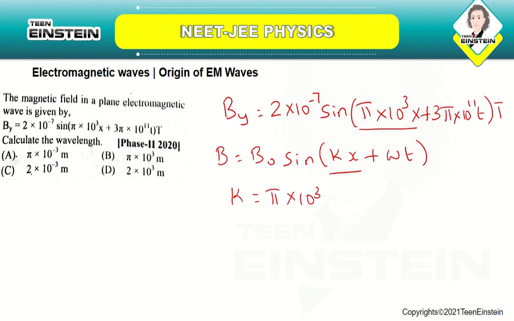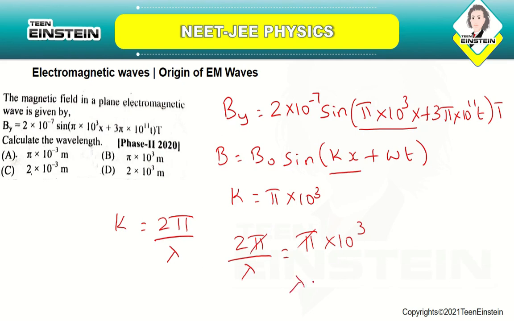We know that k = 2π/λ, and we need to find λ. So 2π/λ = π × 10^3. The π and π cancel, and the wavelength is λ = 2 × 10^-3 meters.